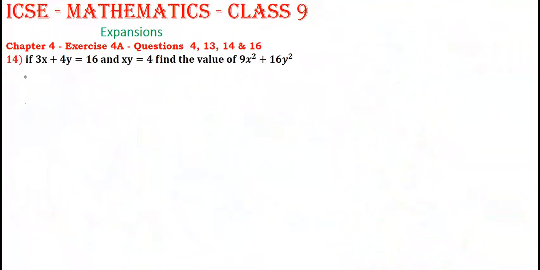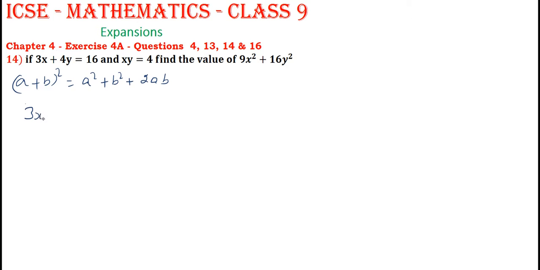Next question 14. If 3x plus 4y equal to 16 and xy equal to 4, find the value of 9x square plus 16y square. So from the given condition 3x plus 4y equal to 16. We know the formula a plus b the whole square equal to a square plus b square plus 2ab. So we can apply a equal to 3x and b equal to 4y.